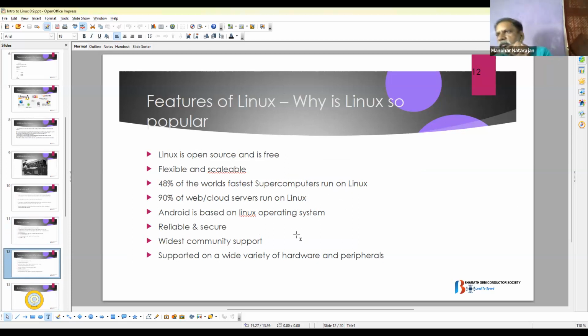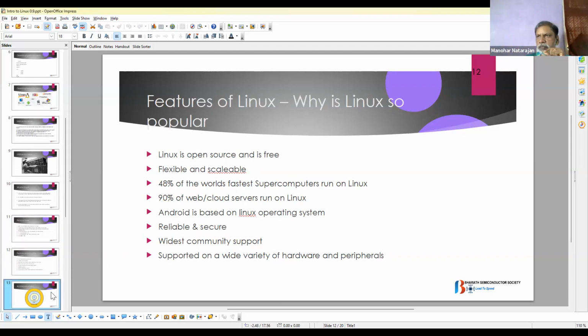Most of the clouds, web servers, and cloud computing platforms support Linux. Android is based on Linux. It's reliable, secure, with community support. It supports a wide variety of hardware and peripherals. So all these we saw.